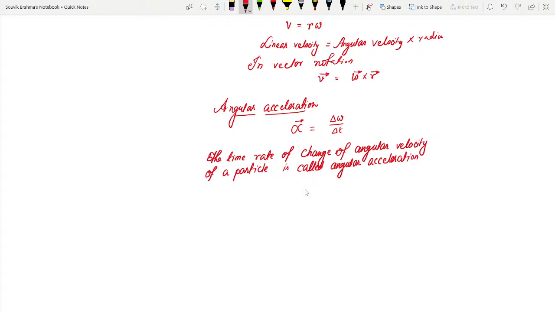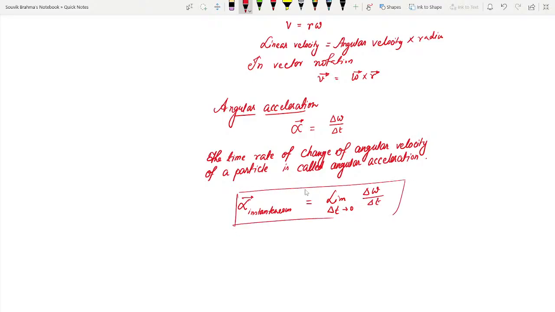Okay, so if it is angular acceleration, there must be another thing like instantaneous angular acceleration. Okay, and that should be denoted alpha instantaneous is equal to limit delta t tends to 0 delta omega by delta t.